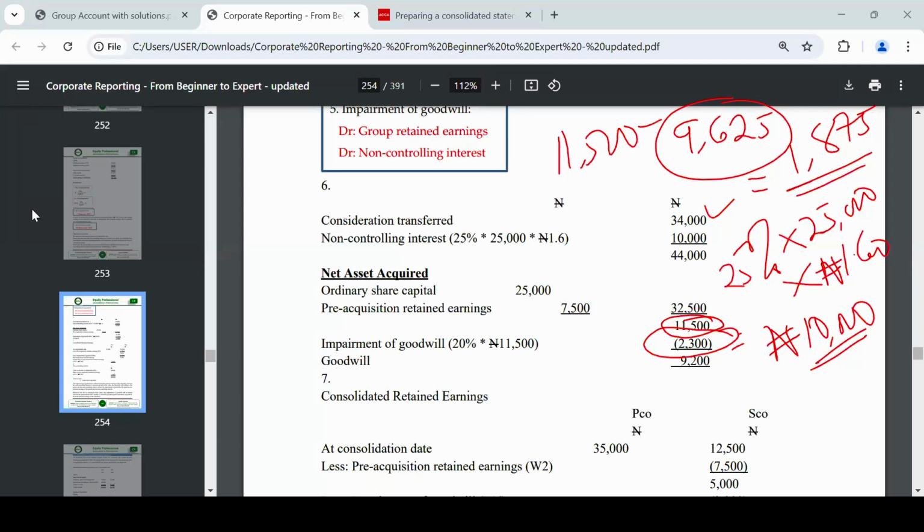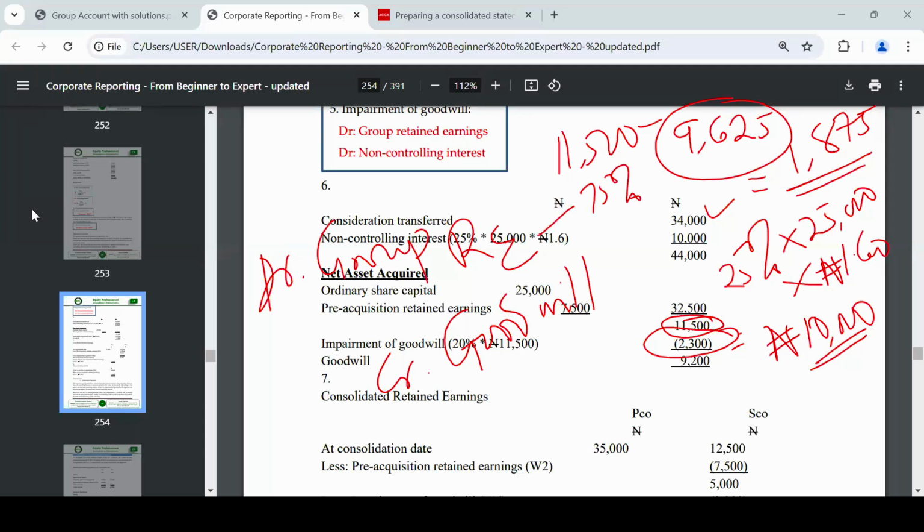I don't know if you are following. If you have any question, please do not mind to unmute and let me know. How do we treat this? The other time I said we're going to debit group retained earnings and credit goodwill on consolidation. All right? In this case, only 75% of the impairment that is attributable to the parent will affect group retained earnings. The remaining will go specifically to NCI.